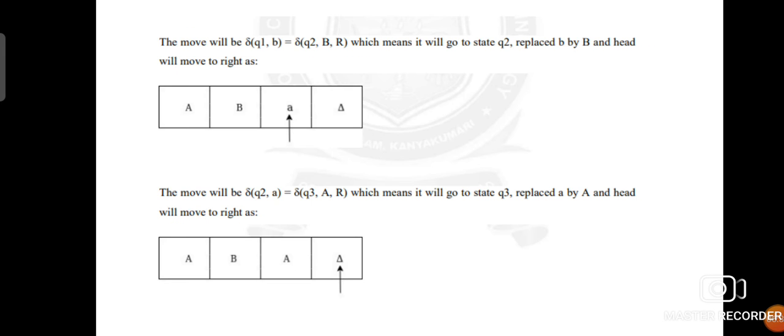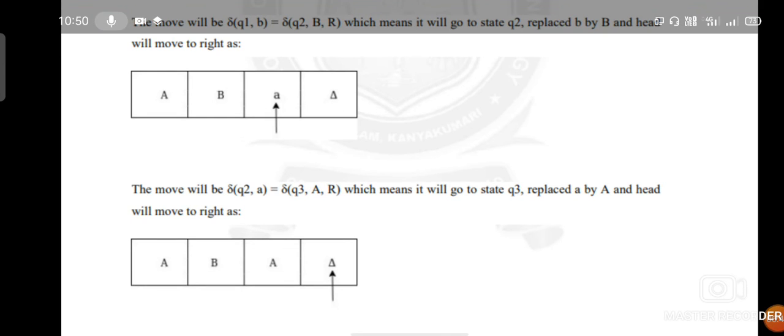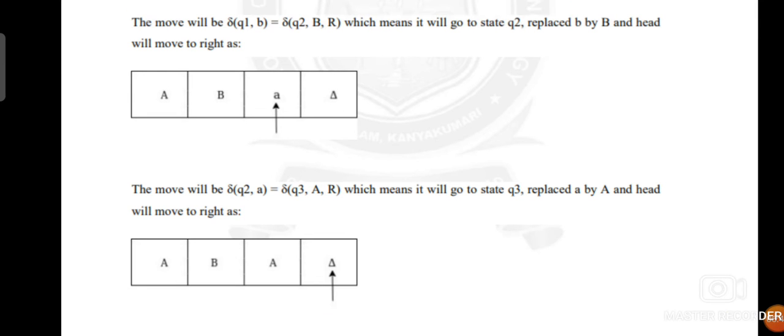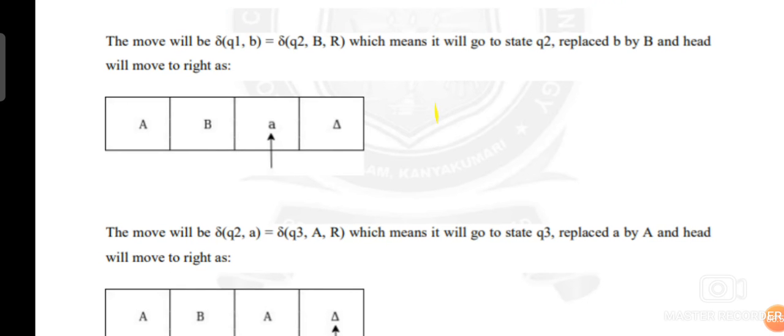Now the system is currently in the state Q1. When the system consumes b, that is, when b is applied to Q1, the system changes to the new state Q2, and the b symbol will be replaced by the capital letter B onto the tape cell.